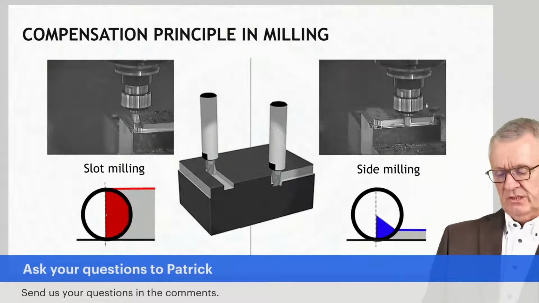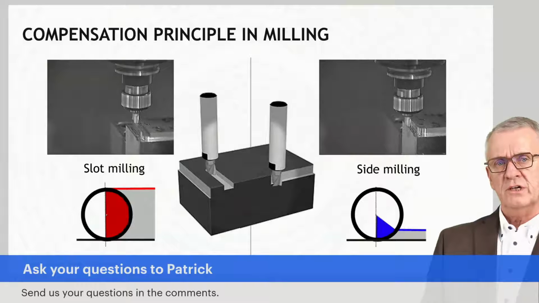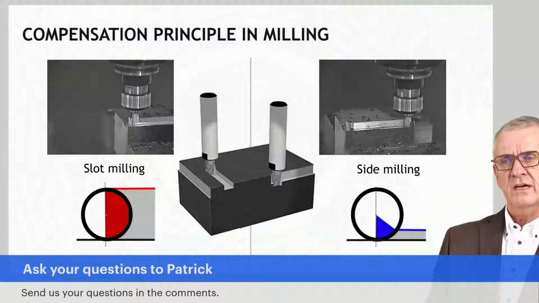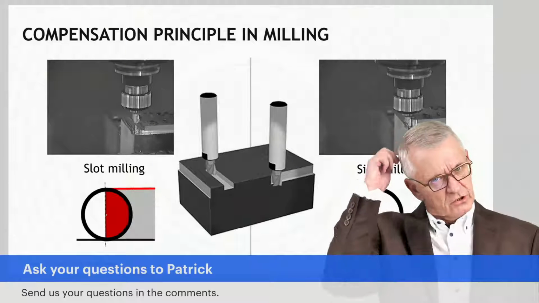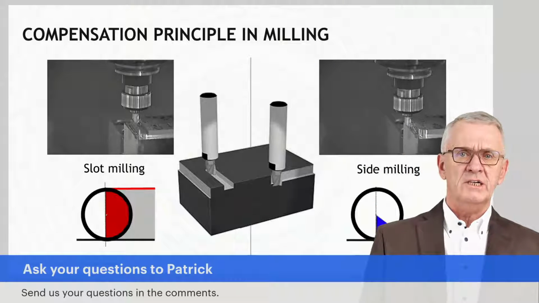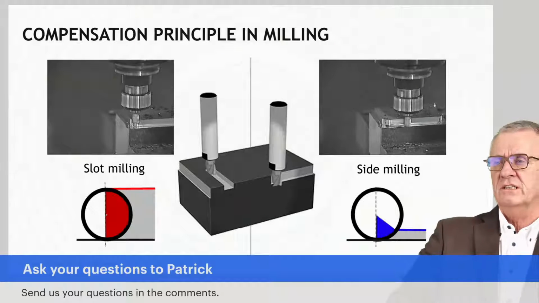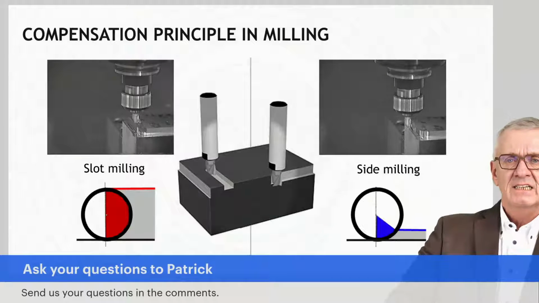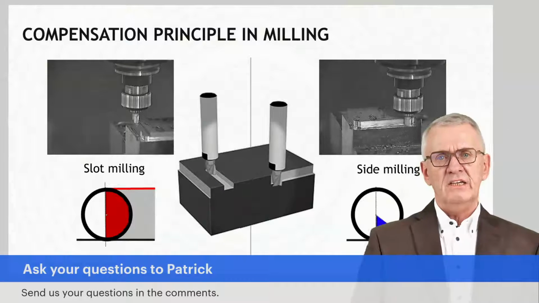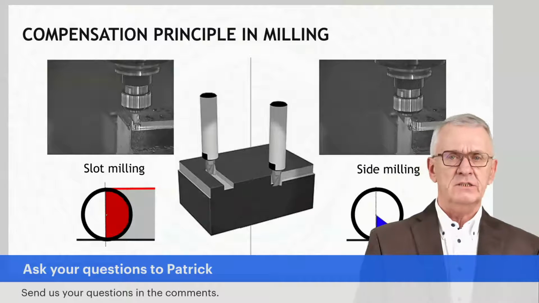I take an example which is very simple to understand, but next time I'm going to work with more than just one example. What you see here to the left is slot milling. You take the same milling cutter twice and you use it in a slot milling operation, where to the right you see an operation where the milling cutter is used in side milling or contour milling. It means that the angle over which the milling cutter is in contact with material is rather high in slot milling and rather small in contour milling.